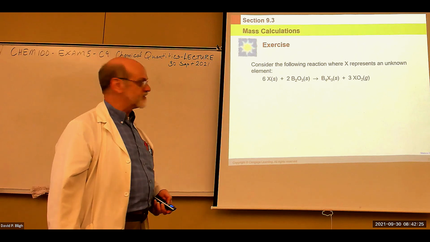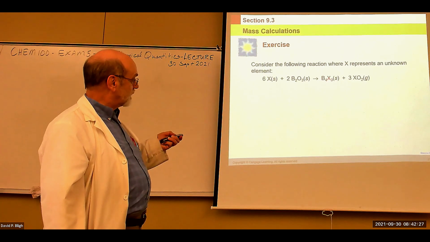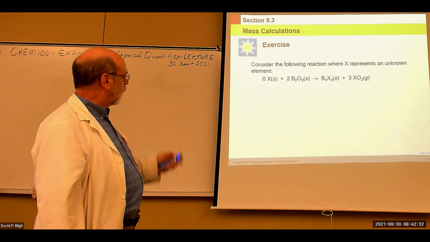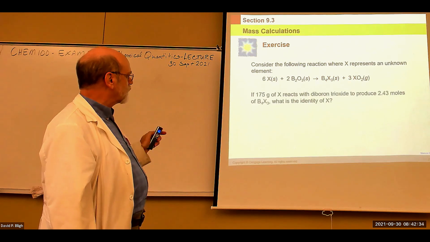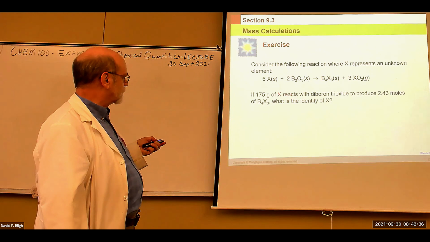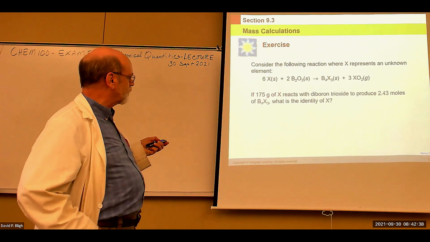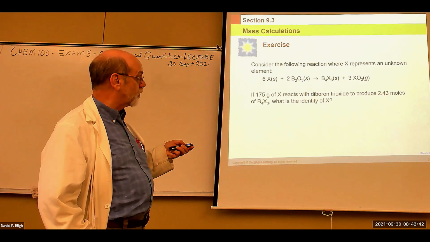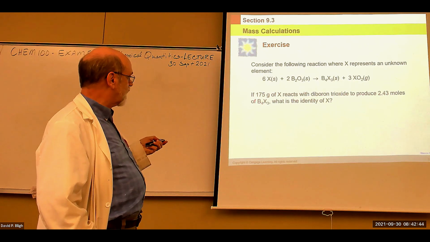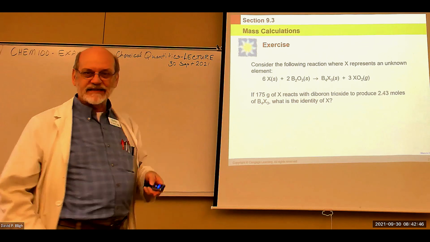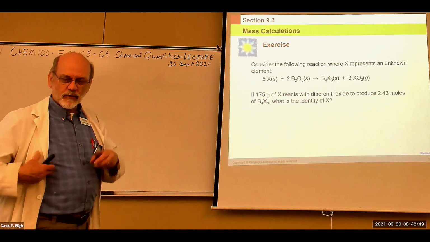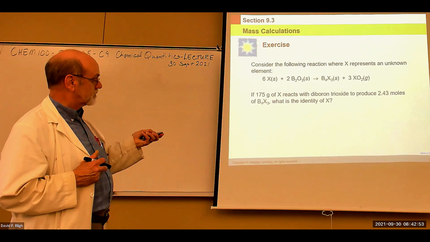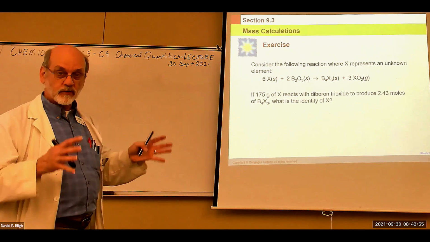We don't know what X is yet, right? And X shows up in 2 different places. But what we want to do is determine what X is. If 175 grams of X reacts with diboron trioxide to produce 2.43 moles of this compound, what's the identity of X? The way you work this type of problem, and it's already balanced for us, so we don't have to worry about that.